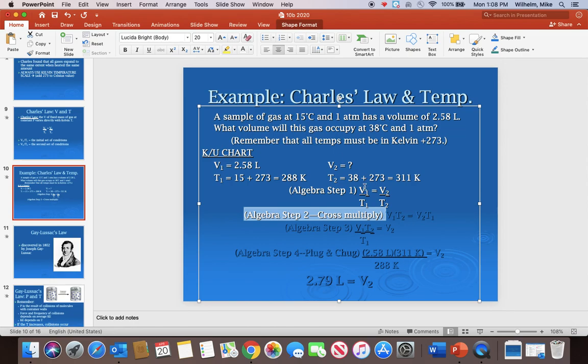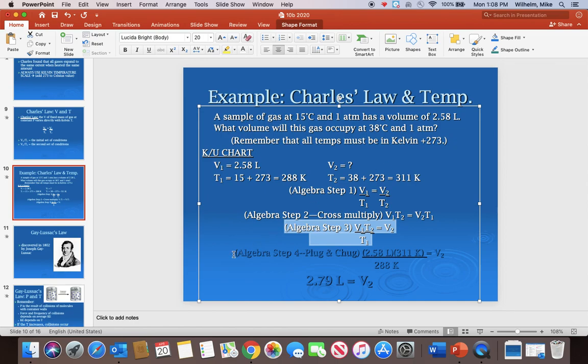So cross multiply, meaning to get rid of these fractions, V1 times T2 equals V2 times T1. So now I've gotten rid of the fractions. I can get my unknown V2 by itself by dividing both sides by T1. And there we go. V1 times T2 over T1 equals V2.